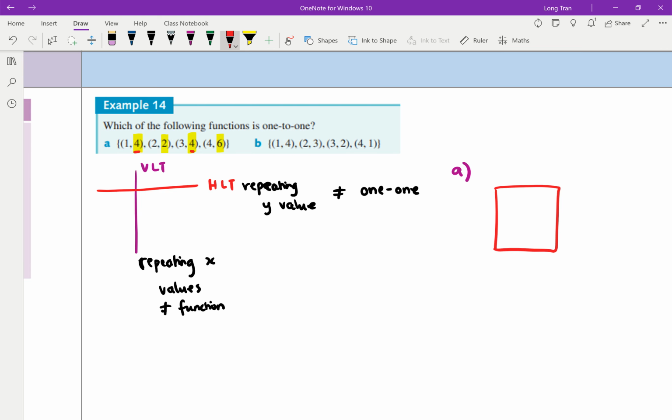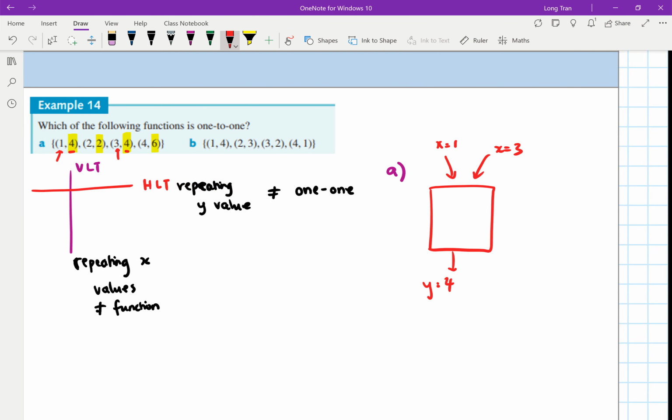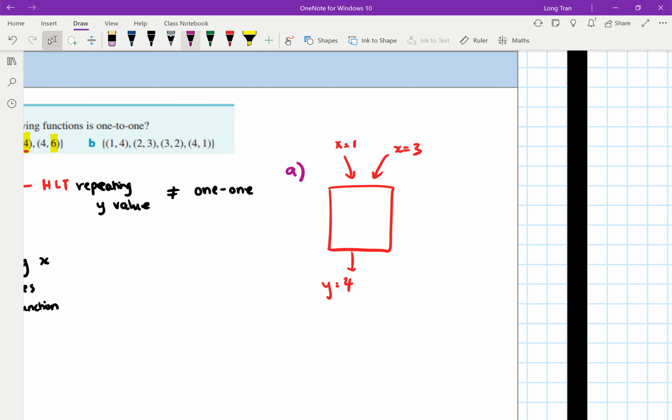that when you substitute x equals 1, you get 4, right? But you can also get 4 if you substitute x equals 3. Can you see that? When x equals 3 and x equals 1, you get the same result, which is y equals 4. How does this translate to the axis?